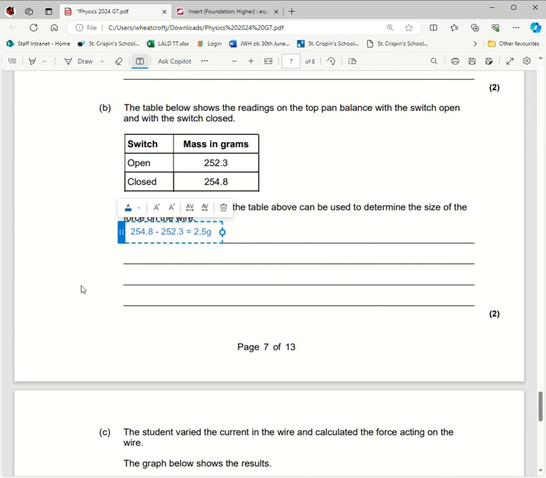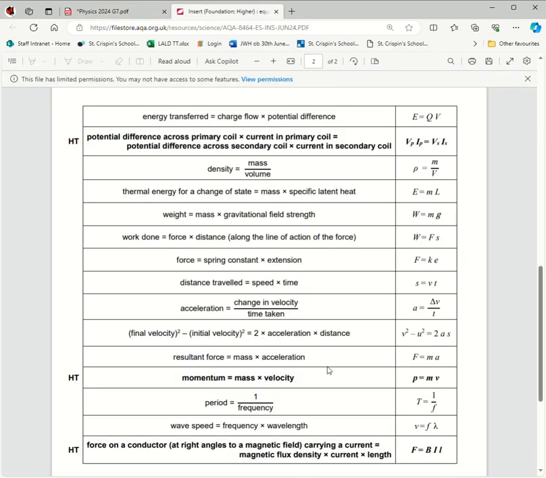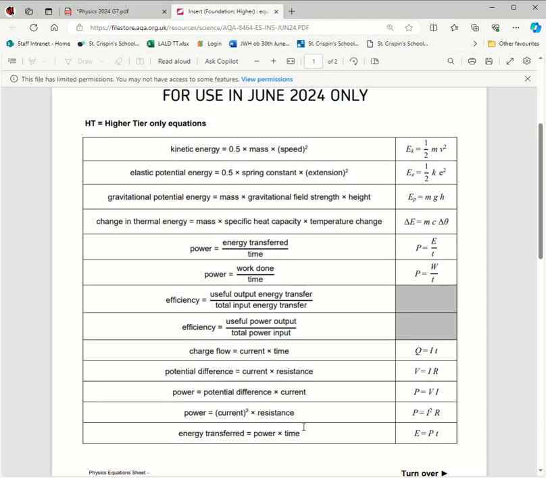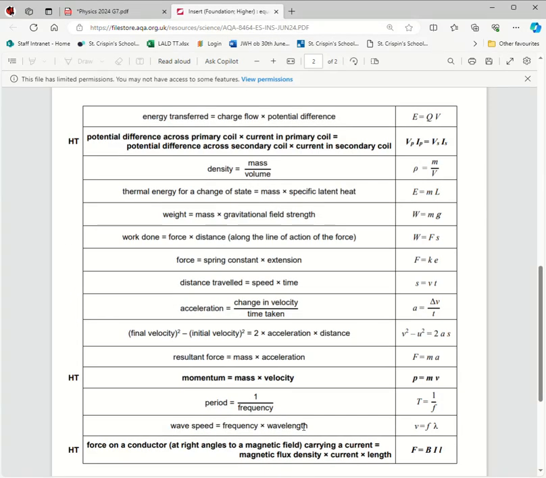We can convert this into a force by using one of the equations from the worksheet. So let me just find it for you. There we go. It was on that page already. Weight is equal to mass times gravitational field strength.